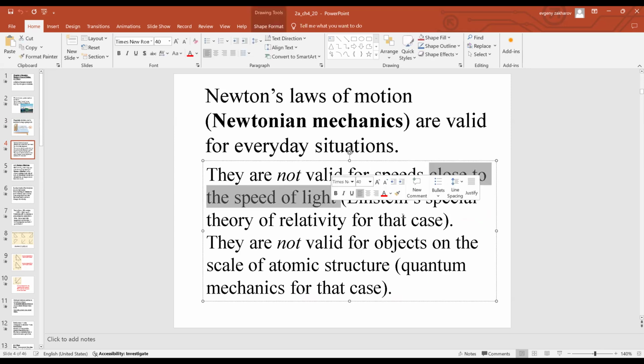Every time you travel at a fraction of the speed of light, say half of the speed of light or 20% of the speed of light, you have to introduce special relativity coefficients for the equations that we're about to discuss, and Newton's laws will not give you the exact answer. They must be updated to general theory of relativity.